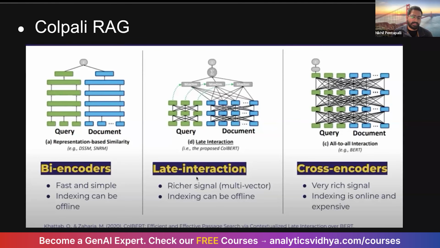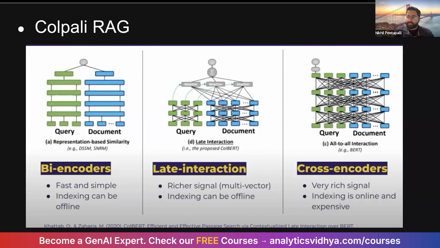But just to give an understanding of what bi-encoders and cross encoders are, and what this late interaction mechanism is which we are going to use in ColPali. Bi-encoders are simple to use. You have a query and a document, treated as separate.